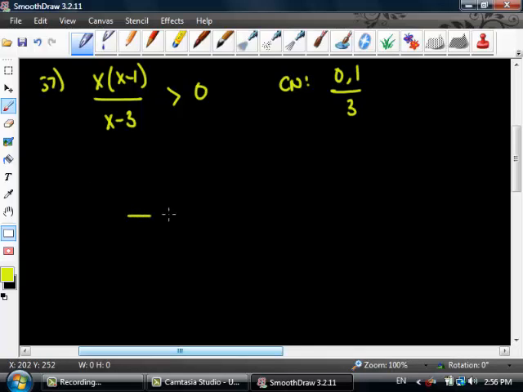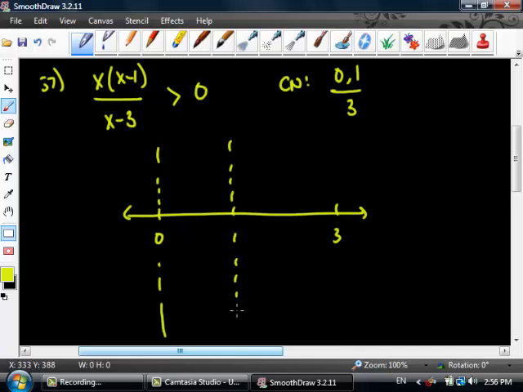From here, once we get critical numbers, we put them in a sign chart here. So it's gonna be 0, 1, and 3. Let's partition it downwards. So I've got an x, an x minus 1, and an x minus 3. Before 0, let's choose a negative trillion, so it's going to be negative, negative, negative.